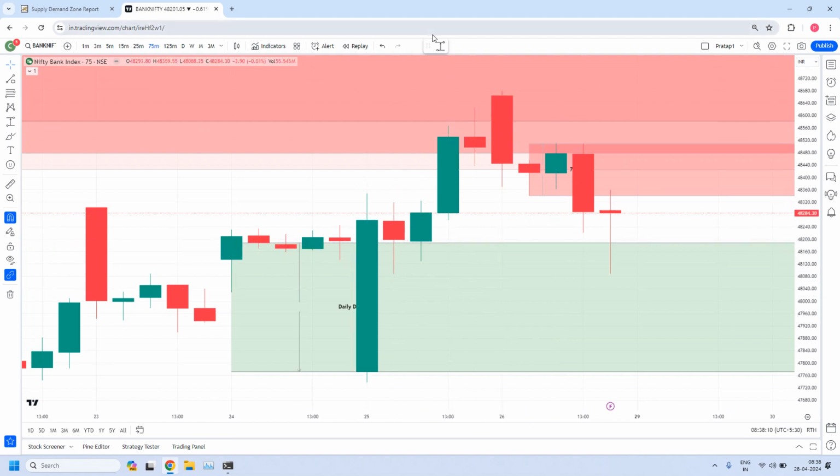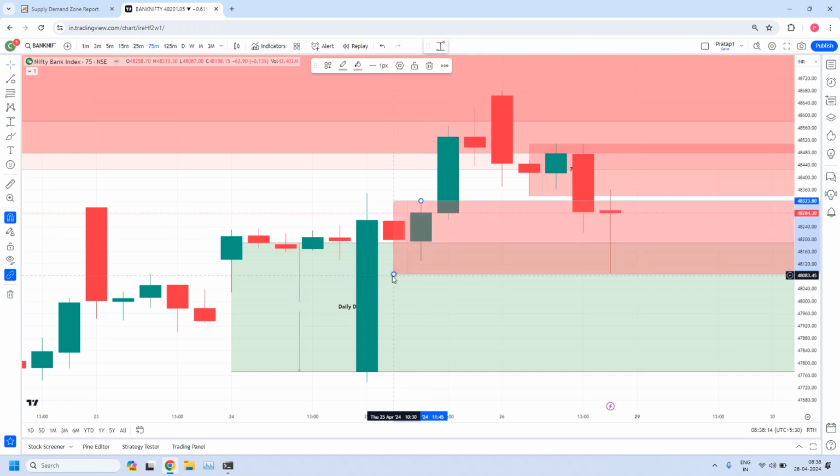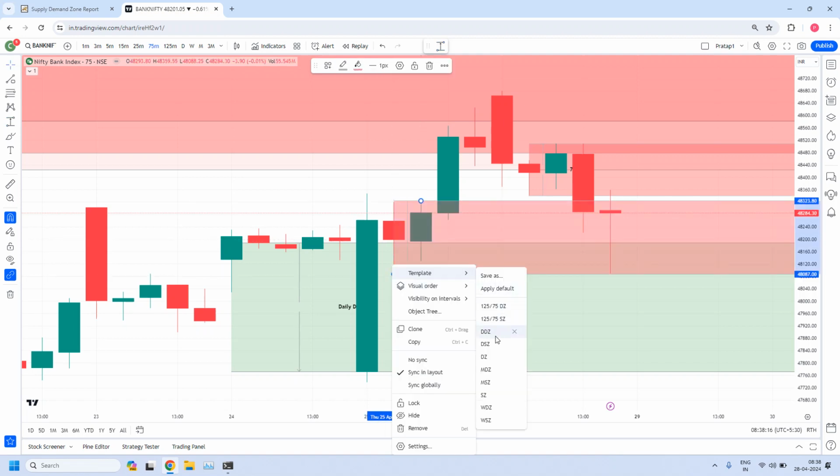Okay, rally, base, rally. This is a high liquidity zone. 75 minutes demand zone.